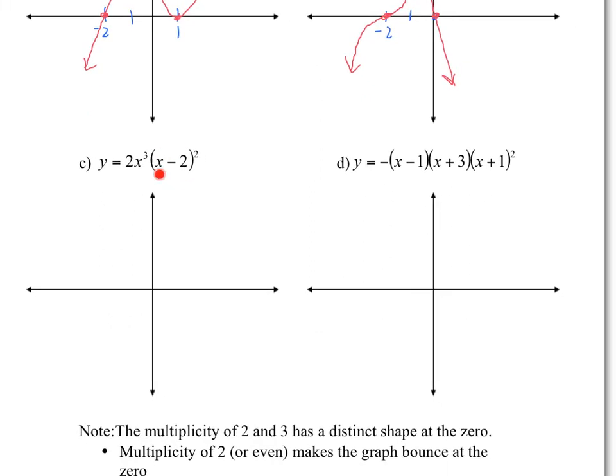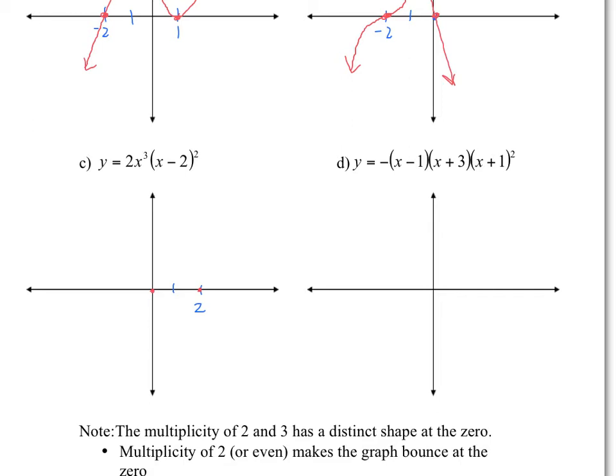Okay, next one. So let's take a look at our zeros. We have x equals 2 is a 0, so I'm going to plug that in, 1, 2. And we have x equals 0 as a 0 because it's x times x times x, right? So if x equals 0, you'd have a 0. So those are only two zeros. It's a power of 5 function, so we call that a quintic function.